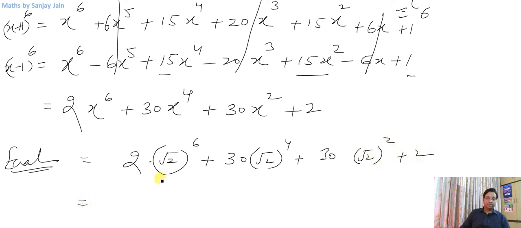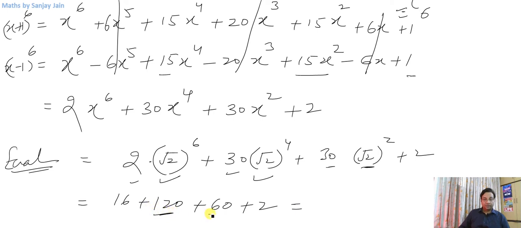This is 2 cubed, 8 into 2, 16. This is 2 squared, that is 4 into 30, 120. This is 2 into 30, that is 60. This is 2. So this is 180, 182, 188, 198. This is the evaluated part.